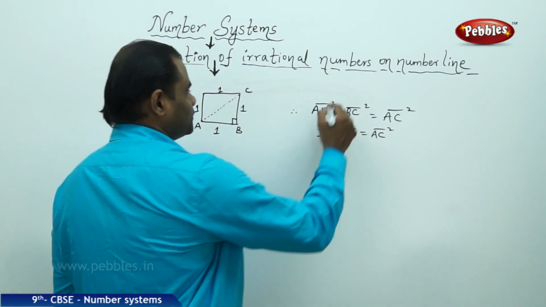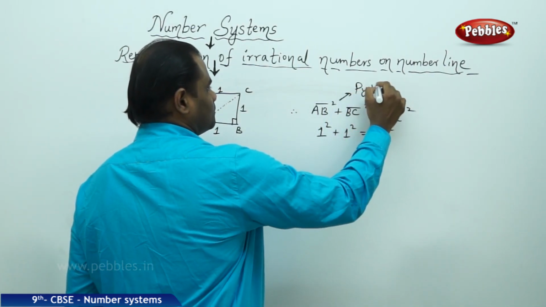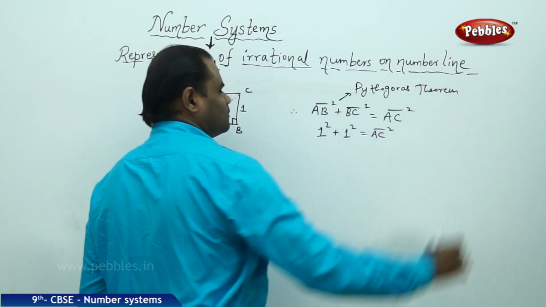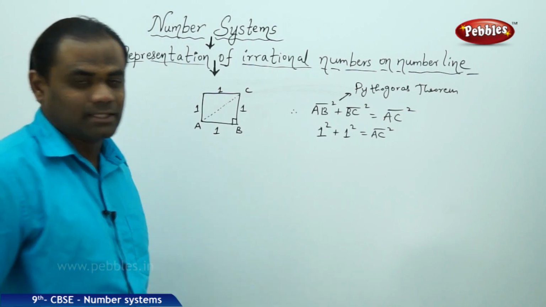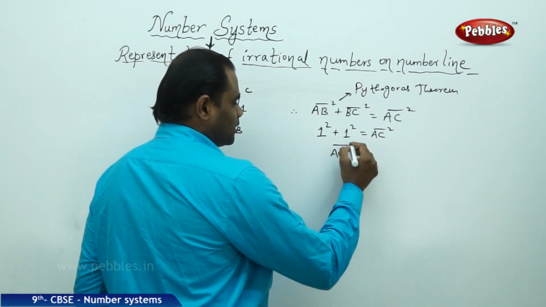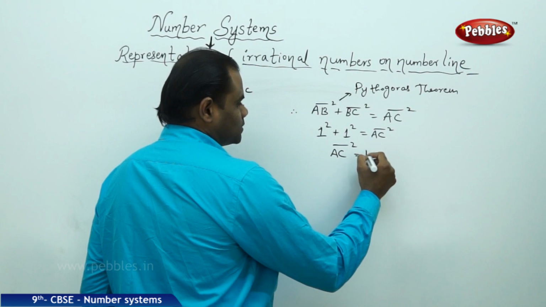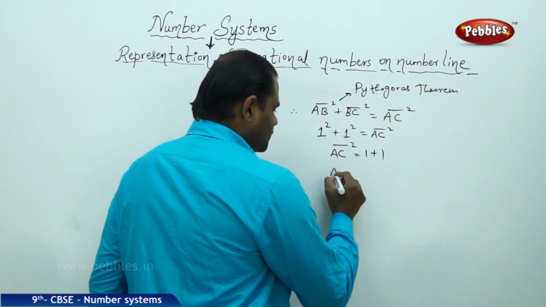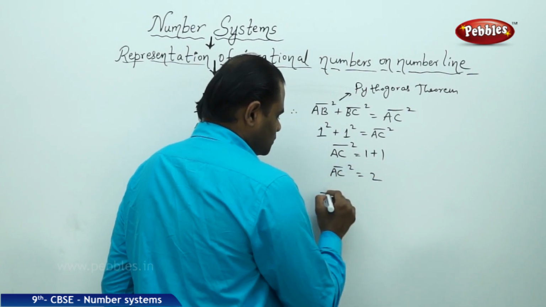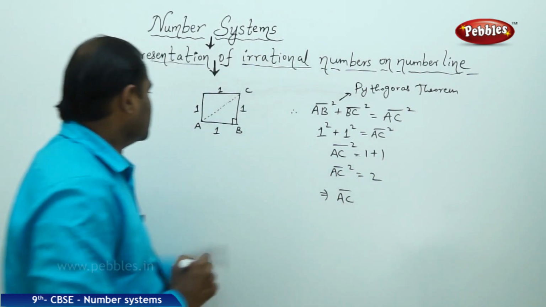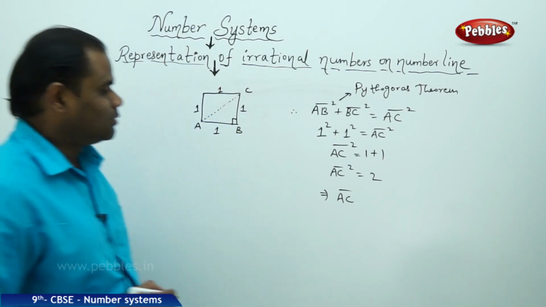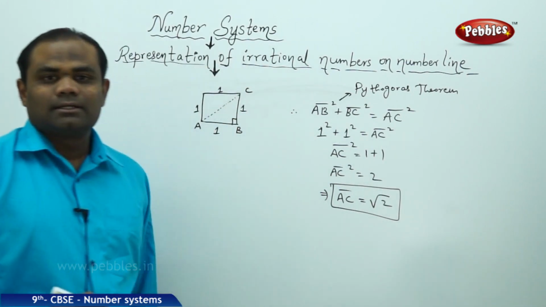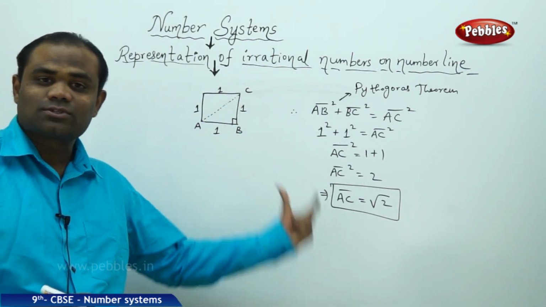Simplifying, AC square equals 1 plus 1, which gives AC square equals 2. That implies the length AC, which is the diagonal of the square, equals root 2. That is how I get root 2 out of 1 unit of the square.